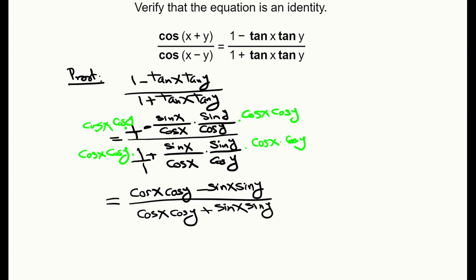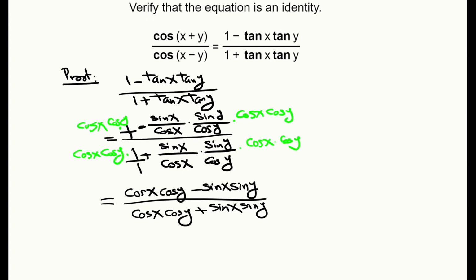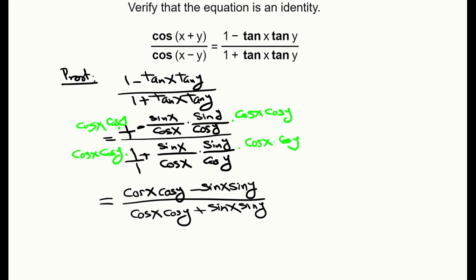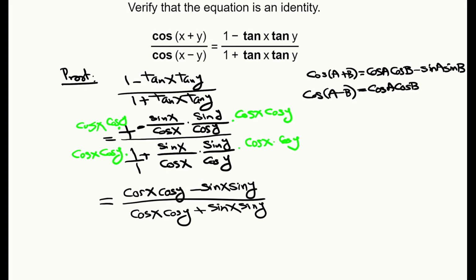And of course, if you have done what you're supposed to do, which is memorize those identities from earlier, you remember that cosine of a plus b equals, let me write that a little bit further to the left so I can fit it, cosine of a plus b equals cosine a cosine b minus sine a sine b, and we have cosine of a minus b, almost the same thing but with the different sign, cosine a cosine b plus sine a sine b.